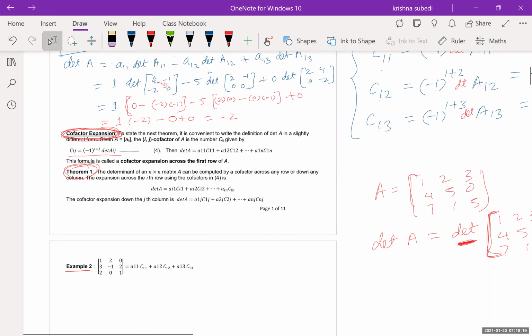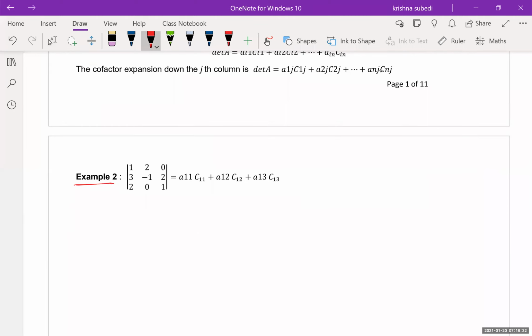As you can see in example 2, since this is given under two vertical lines, it means we need to find the determinant. The same question can be given this way. Example 2 can be given as: find the determinant of 1, 2, 0, 3, -1, 2, 2, 0, 1.